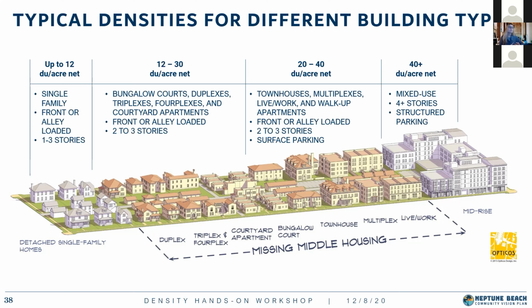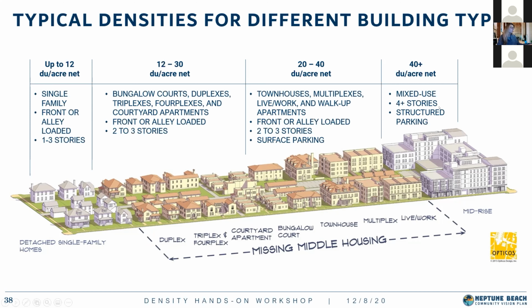And just so you have an idea, your mid-rise developments, of which there are none and will never be any in Neptune Beach, they can start at 40, but those can go all the way up to 90 dwelling units per acre easily. And when you talk about high-rise development, that's in the hundreds, just to give you a sense of the differences between the different scales of development.